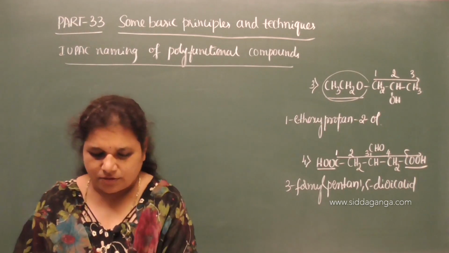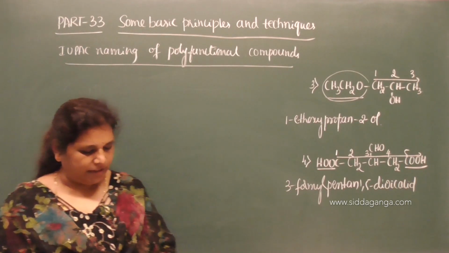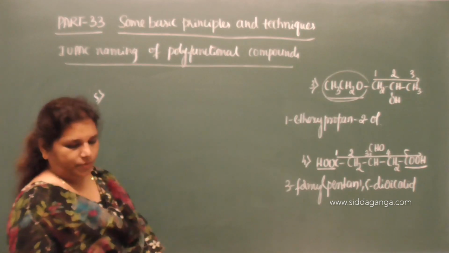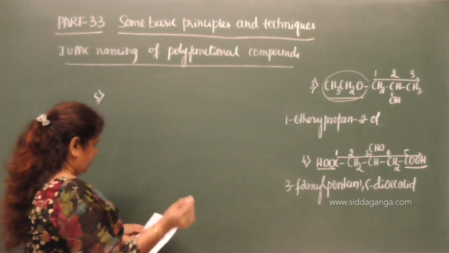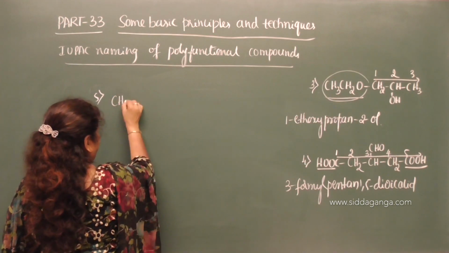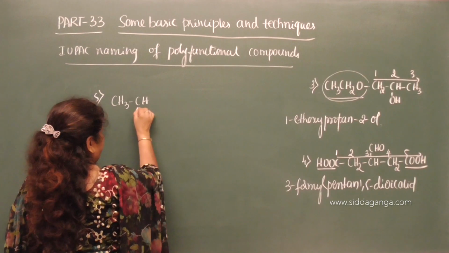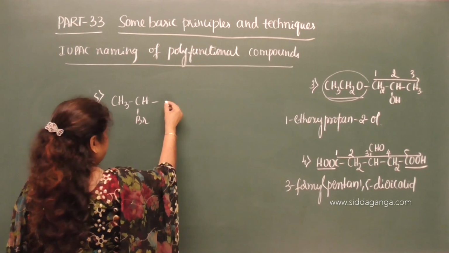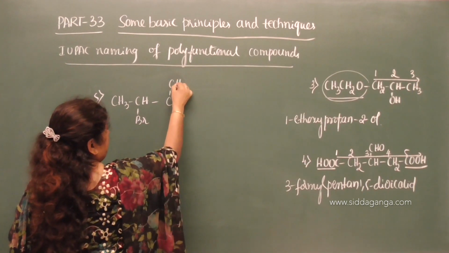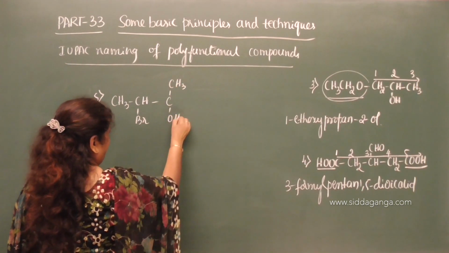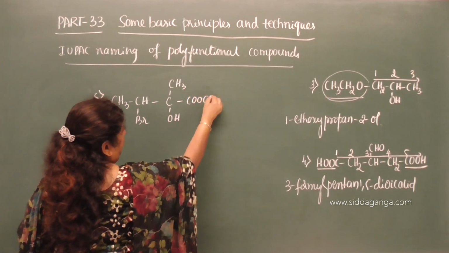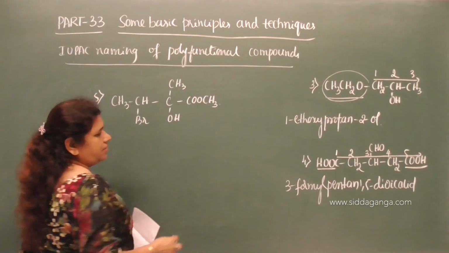Now let us move on to the next compound, that is the fifth one. Fifth compound: CH3, CHBr, C, CH3, OH, COO, CH3.